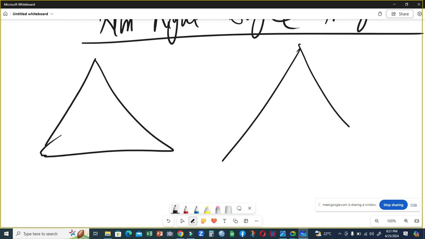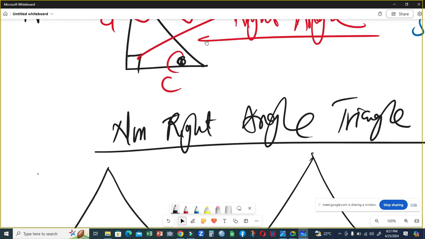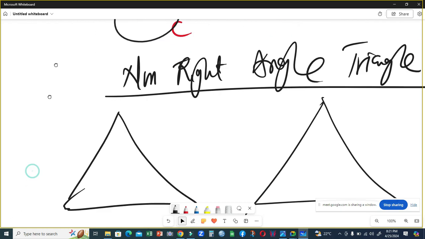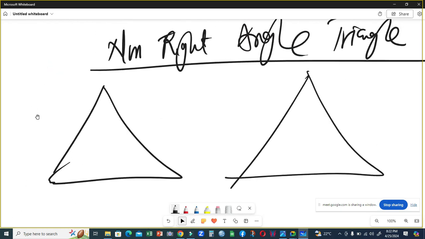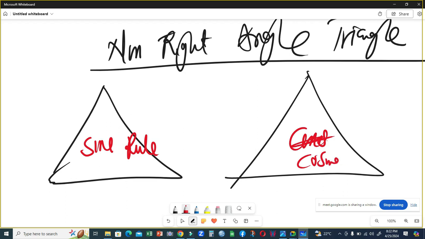As you can see, there's no 90 degrees symbol here. We don't put this symbol on a non-right triangle. So with a non-right triangle, it brought in the rule called the sine rule and the cosine rule. It brought in two rules, sine rule and cosine rule.